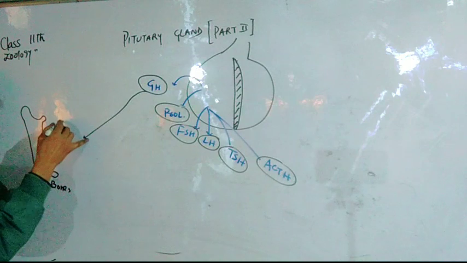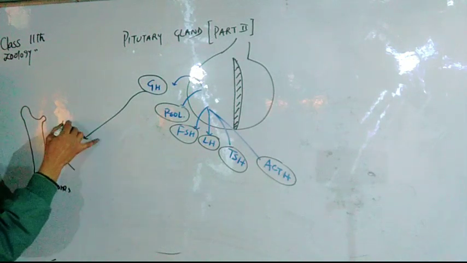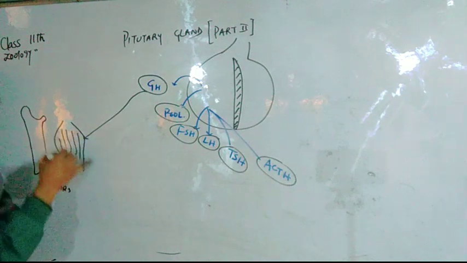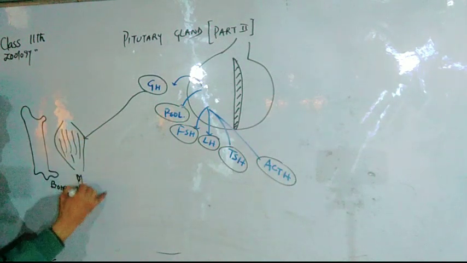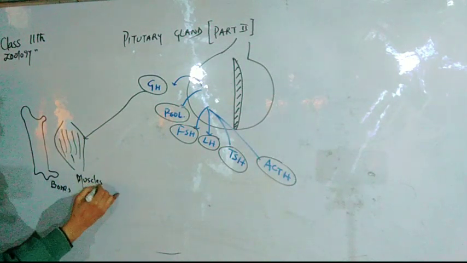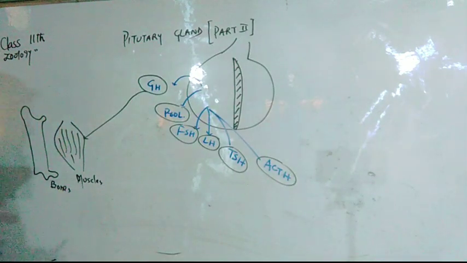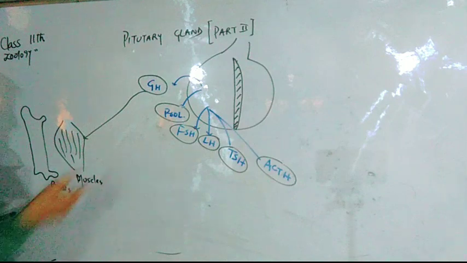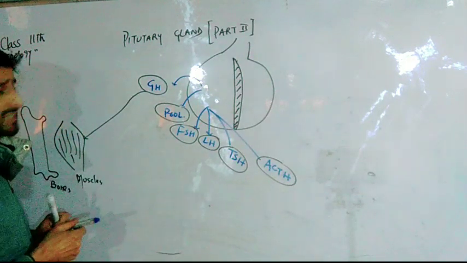Along with bones, the target structure is muscles, muscle cells or myocytes. You can make a flow chart at home while studying these structures. This is the simplest way to make you understand.